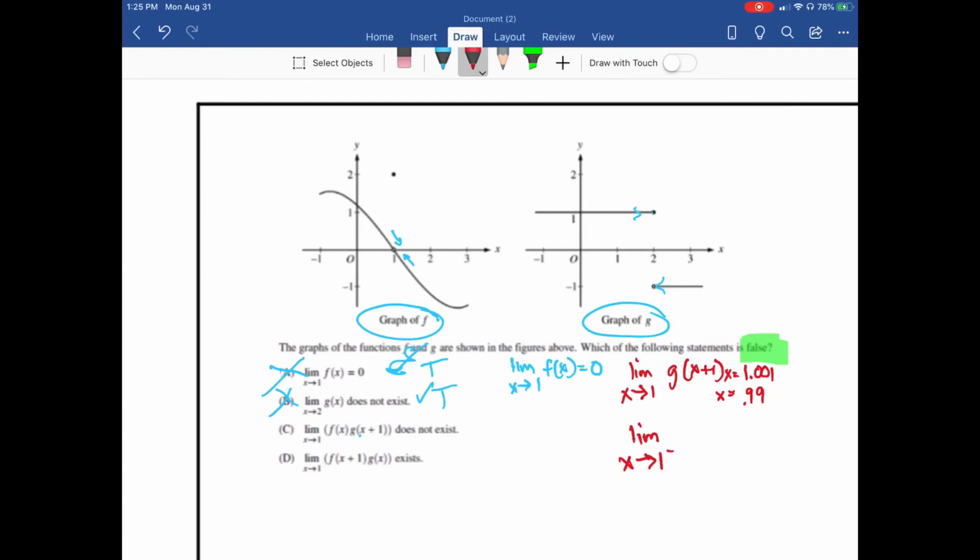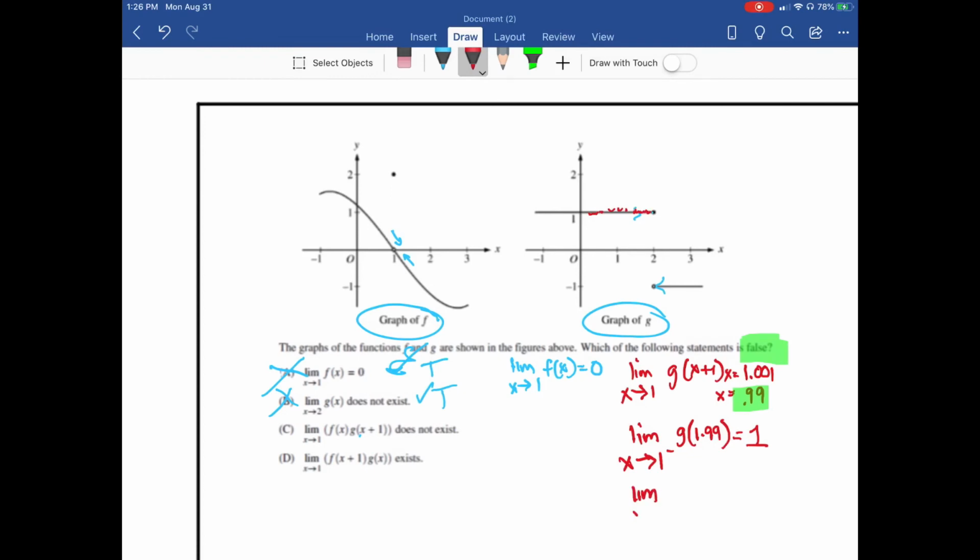If I'm thinking 0.99, that would be g of 1.99, ish, right? And that's approaching 1 from the left, and that is clearly approaching 1 because I'm looking here, 1.99, 1.9999, those are all going to approach 1.